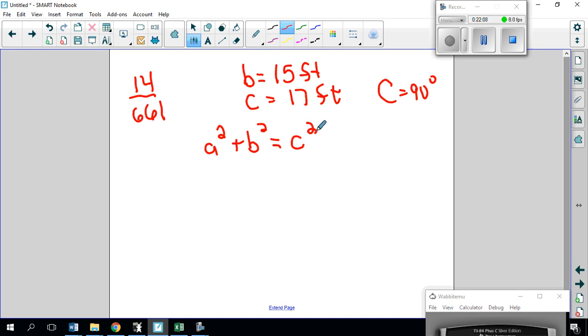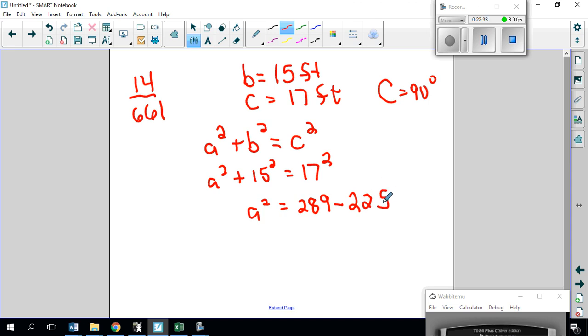They're using A's, B's, and C's. The A and B are the two sides. The C goes with the hypotenuse, and it's a 90-degree angle. Anyway, you get A squared plus 15 squared equals 17 squared. A squared equals 289 minus 225.